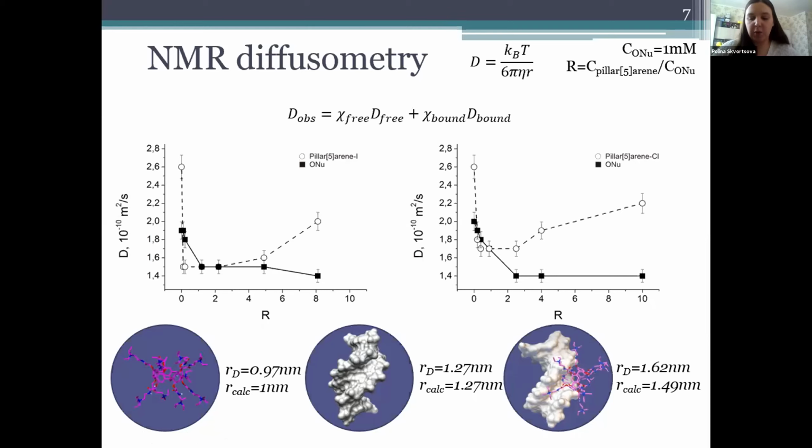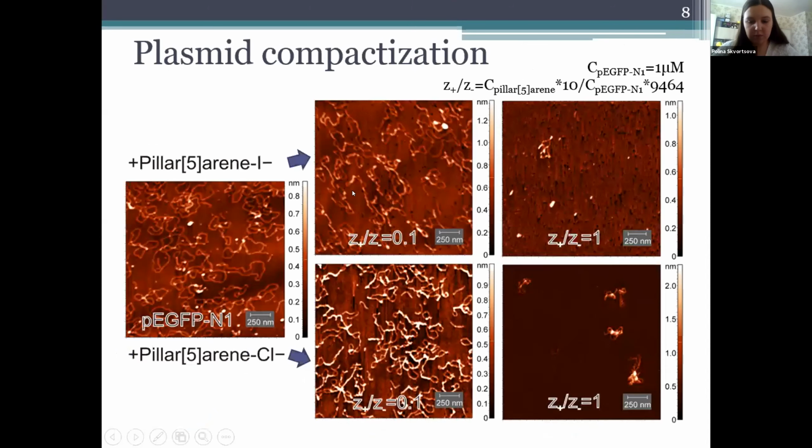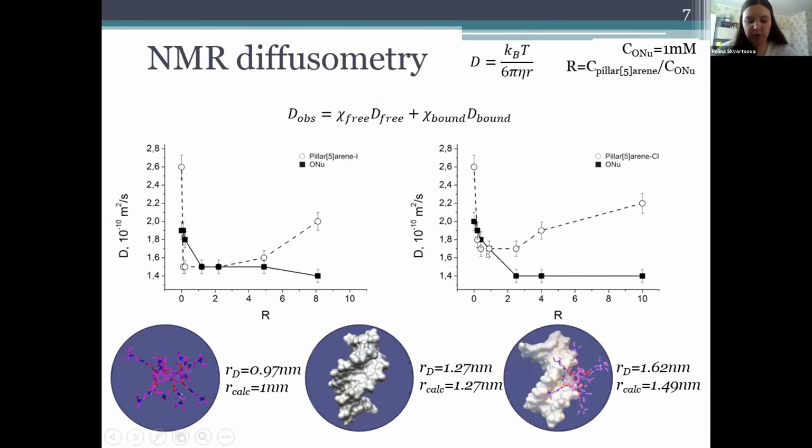And then with increasing molar ratio, the self-diffusion coefficients and hydrodynamic dimensions of two components in both systems are rather close in this concentration, which can be explained as complex formation.